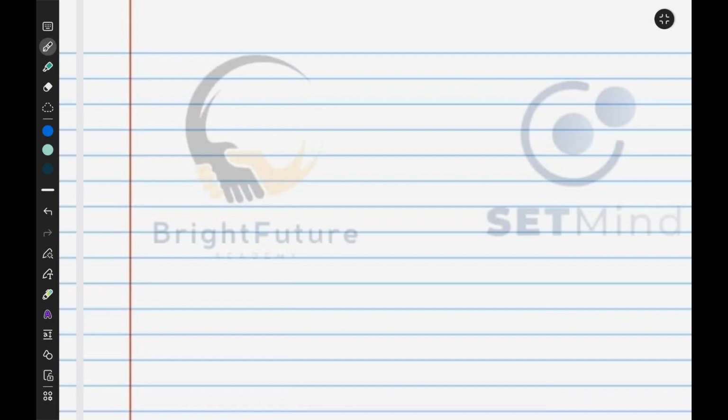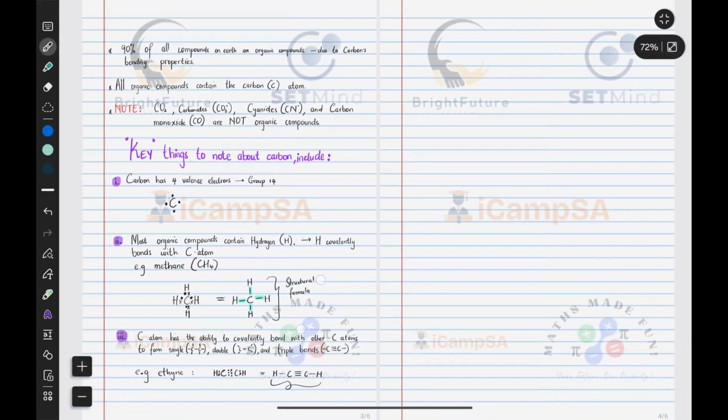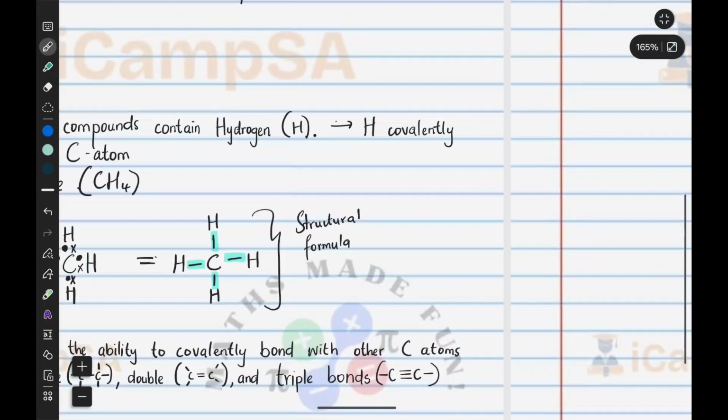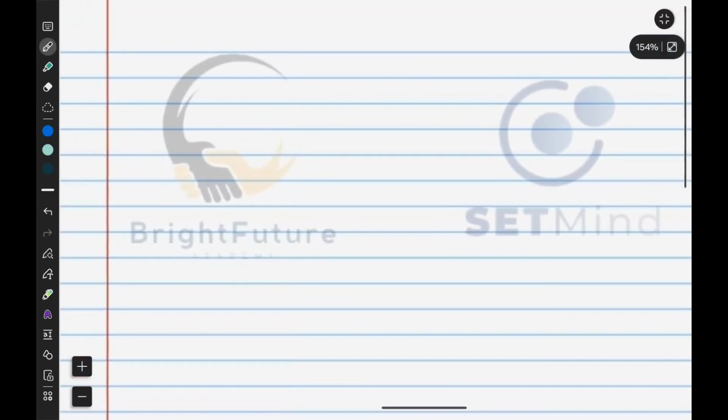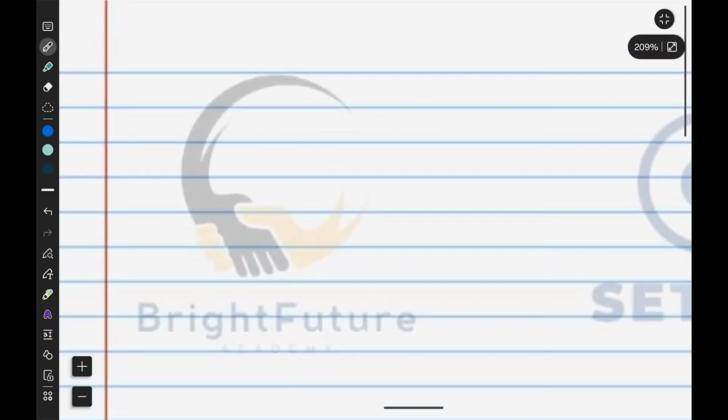Or we can use a molecular formula, or a condensed structural formula, or just a structural formula, which is this one. But basically the main idea is that we're trying to represent what that particular organic molecule would look like. All right, so right now we will define everything I just mentioned, and then also give some examples, before we start with the actual IUPAC naming.